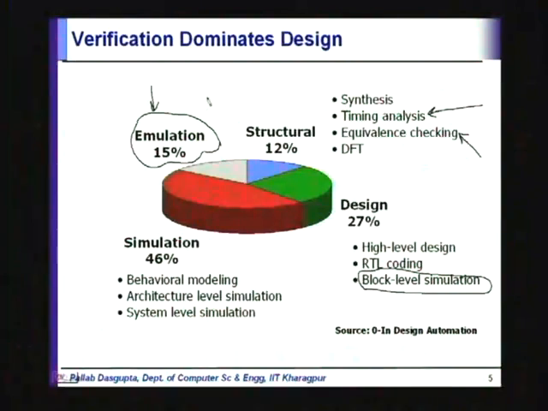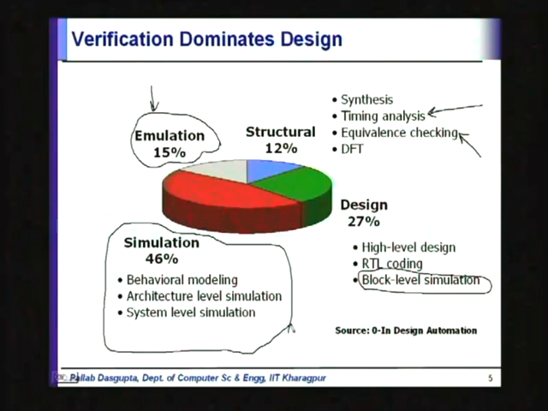Now this is really growing, because people are feeling that simulation, with 46% of the time, is quickly running out of steam, because the larger the designs are, the more time it takes to simulate them, and getting adequate coverage in simulation is becoming a problem.